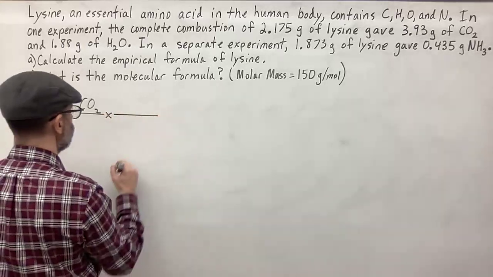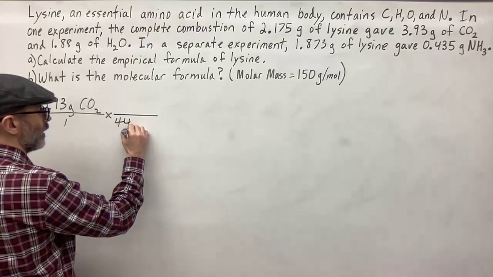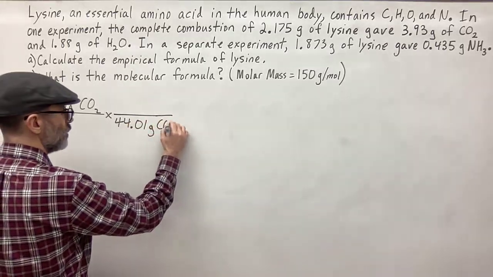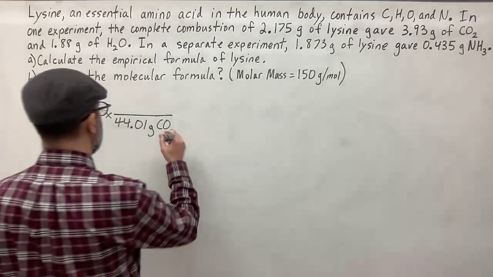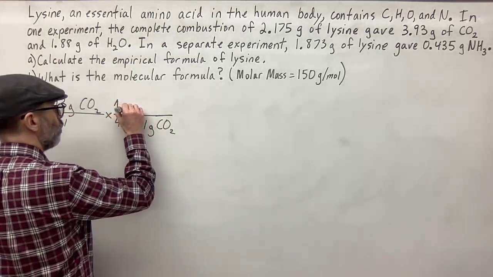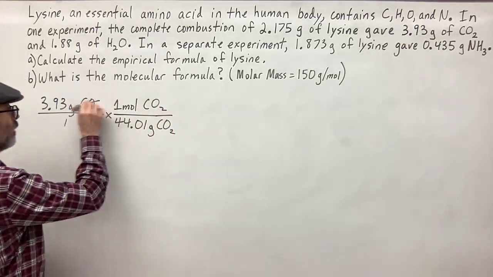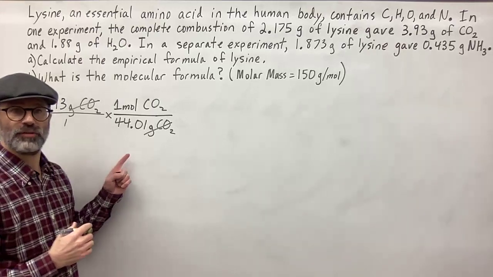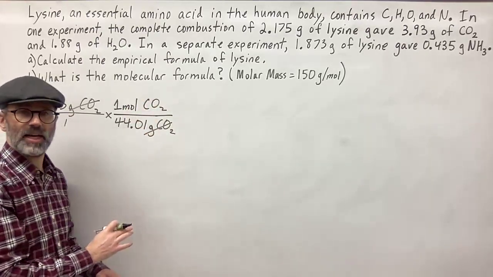We're going to use the molar mass of carbon dioxide, 44.01 grams of CO2. Let me double check that. Yep. And so we have 1 mole of CO2 on top, so the grams of CO2 cancel out. Now I can convert moles of CO2 to moles of carbon using the formula as a mole ratio.